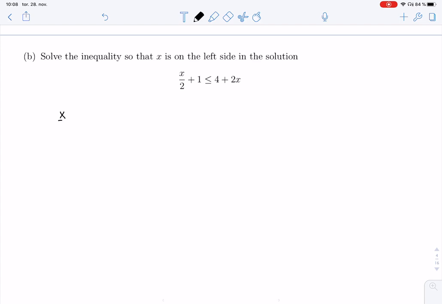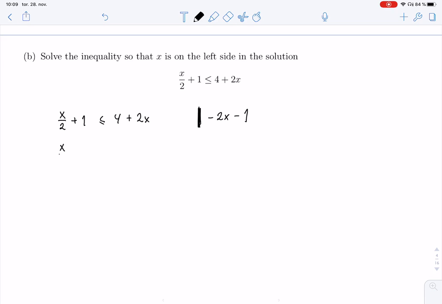So x over 2 plus 1 is less than or equal to 4 plus 2x. The first thing we would like to do is to gather everything with x's on the same side. In order to do that, we need to subtract 2x. And this one here, we also need to get to the other side, so we need to subtract 1. So we do that on both sides.